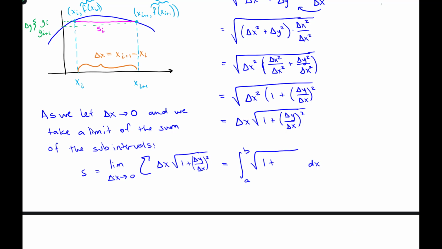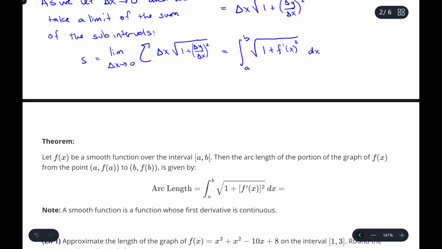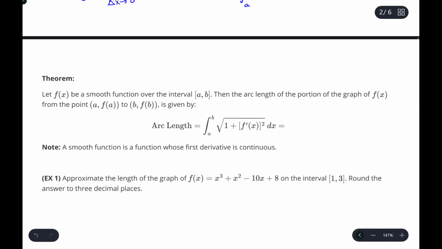Delta y over delta x, as we take a limit, will turn into dy/dx, which is the derivative of our function. So we can actually write this as f prime of x quantity squared. So we're squaring the entire function here. And that is how we could come up with the exact arc length of a function on a subinterval.